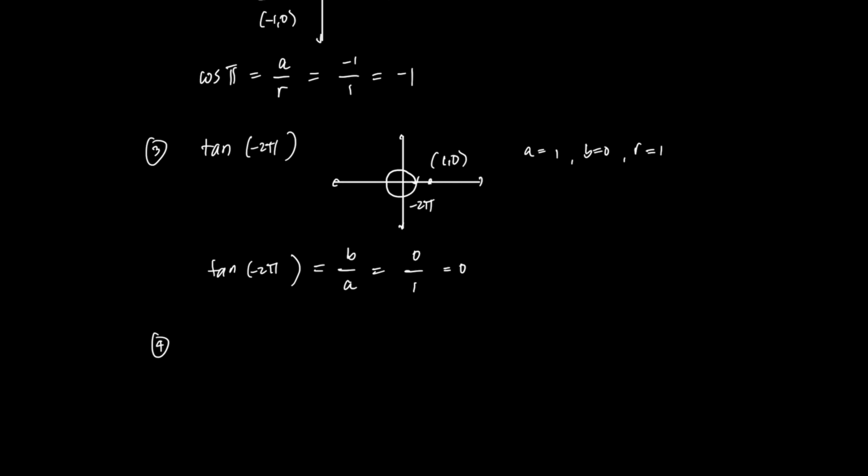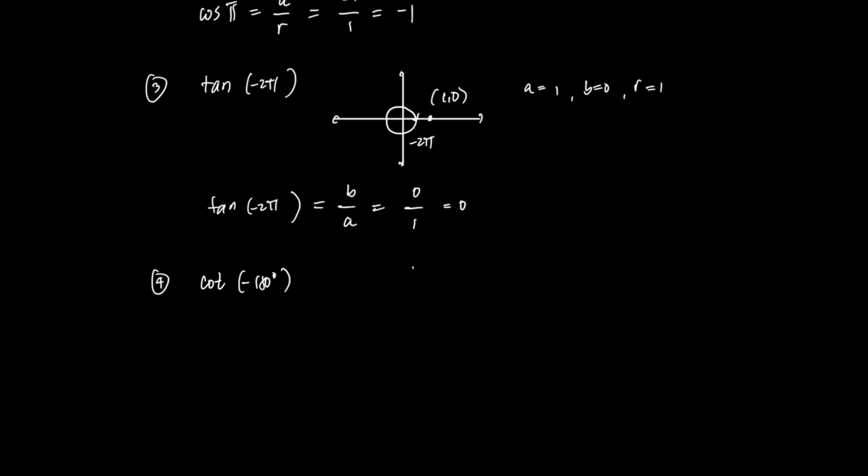For number 4, we have cotangent of negative 180 degrees. So again, if we draw the rectangular coordinate system, negative 180 degrees is here.